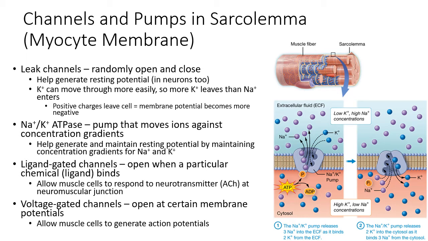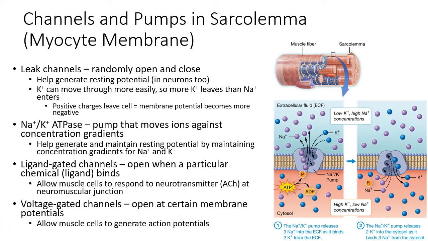That's why it's called an ATPase, because it breaks ATP down into the phosphate and ADP. And it uses the energy from doing that to pump 3 sodium ions outside of the cell and to bring 2 potassium ions into the cell. And there they are coming into the cell. And it's just continually cycling like that, putting sodium out and bringing potassium in.